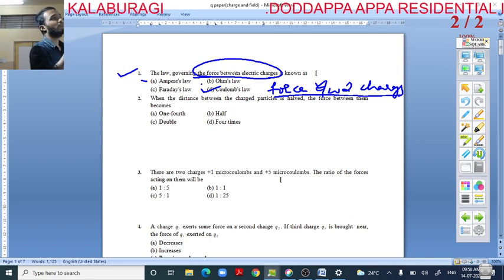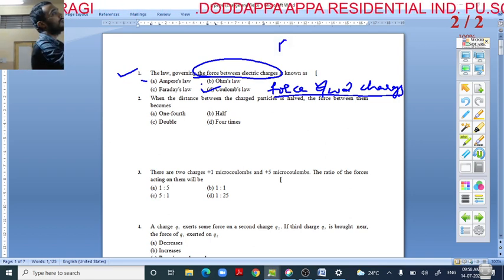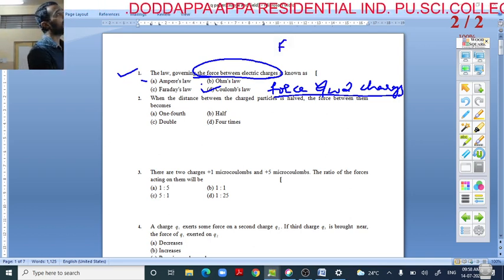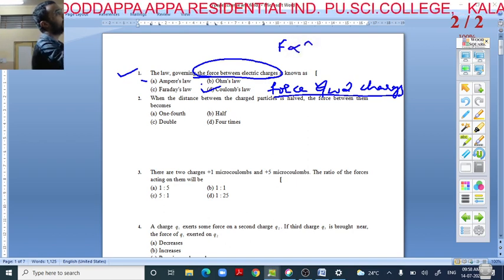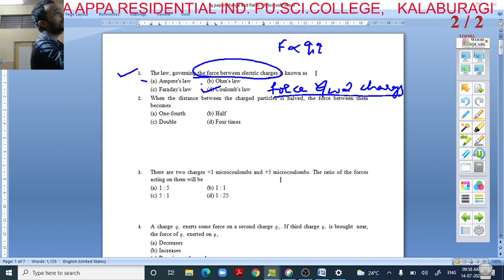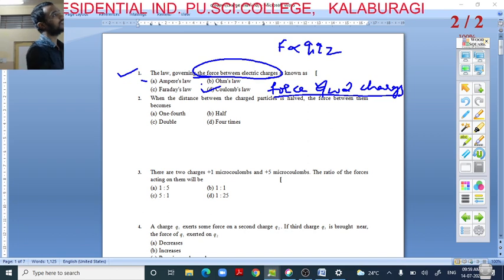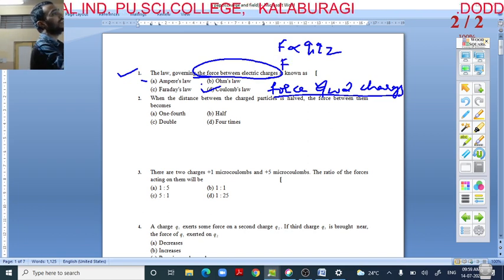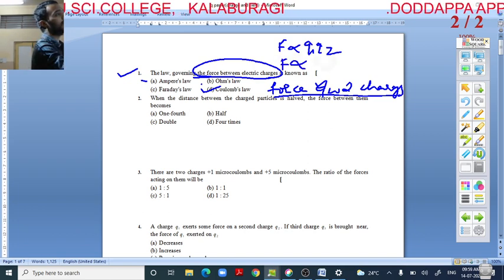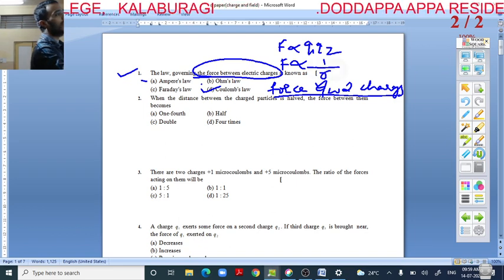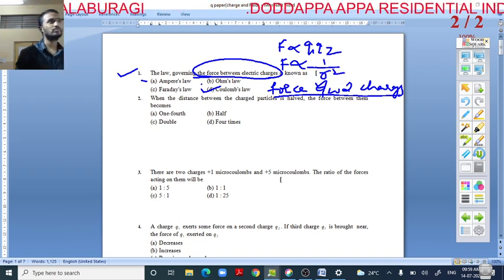Anyhow, we know that the force of attraction and repulsion between the two charges is directly proportional to Q1 Q2, the product of the two charges. At the same time, F is inversely proportional to the square of the distance between the two charges.